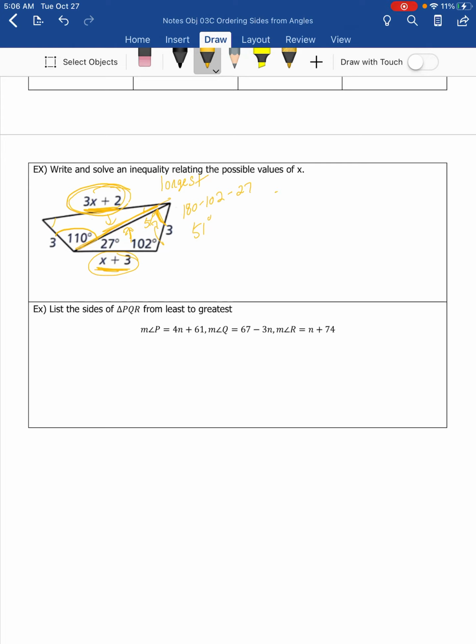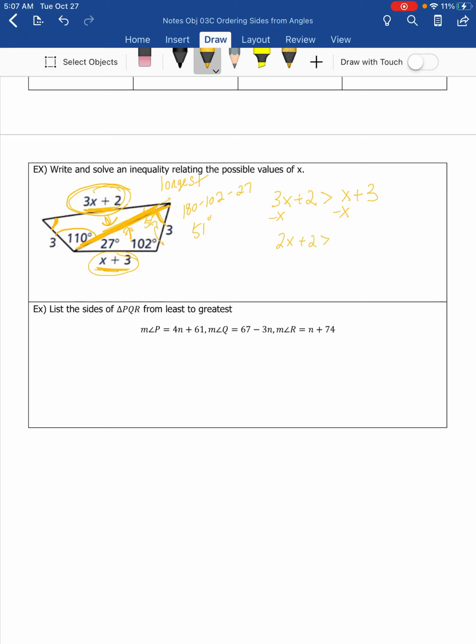So therefore, I know that the 3x plus 2 side is bigger than the x plus 3 side. Okay, it has to be, because this is the longest side of one triangle and it's a shorter side of this one right here, because it's not possible for this angle to be greater than 110 because the angles in a triangle add up to 180. So I'm just going to go through and solve this inequality.